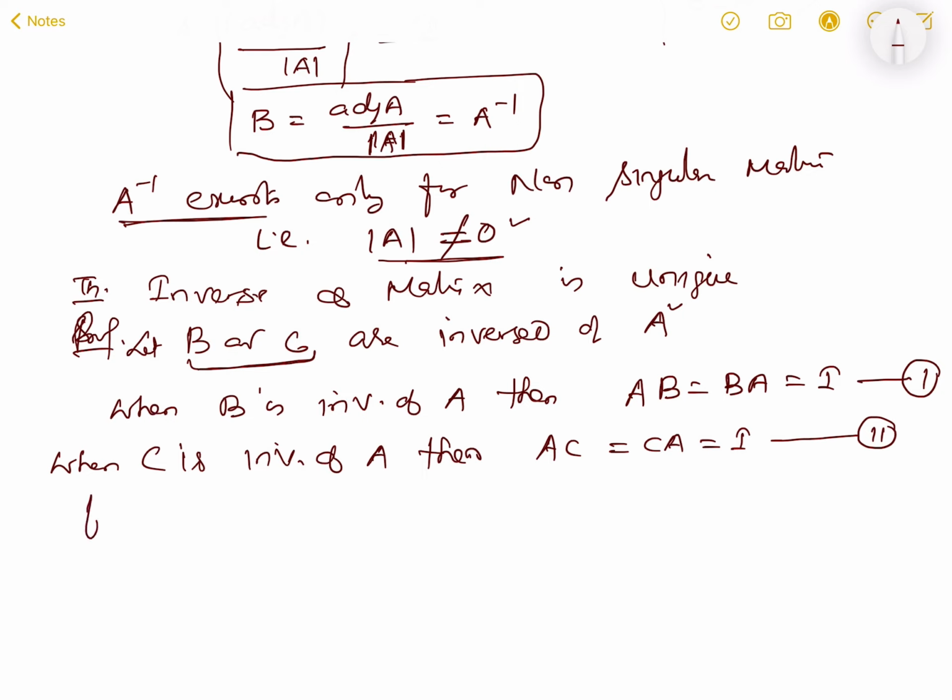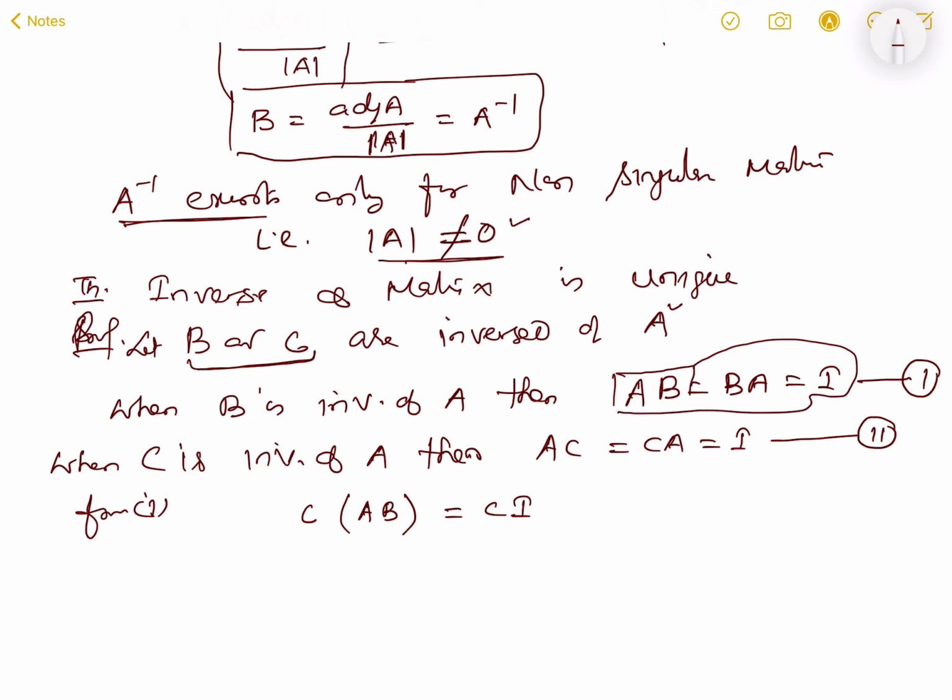Now from condition first, multiplied by C both the side, we have taken only this thing.